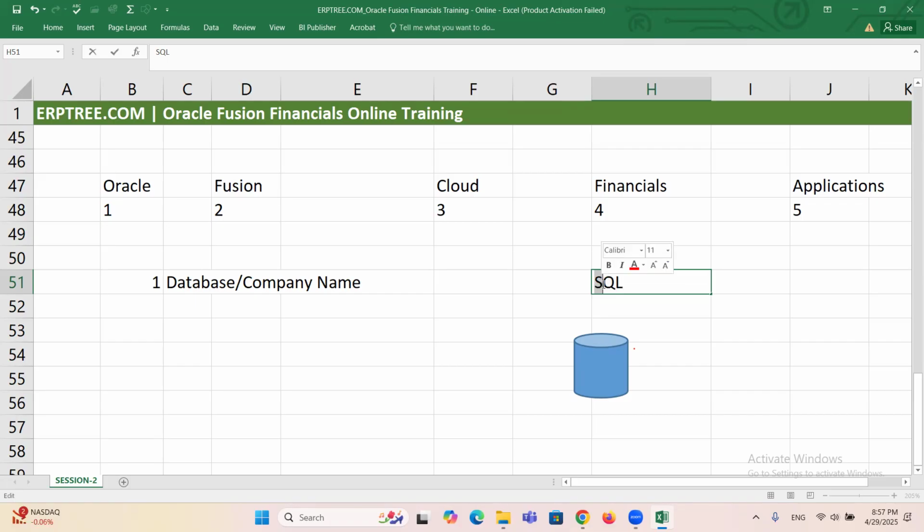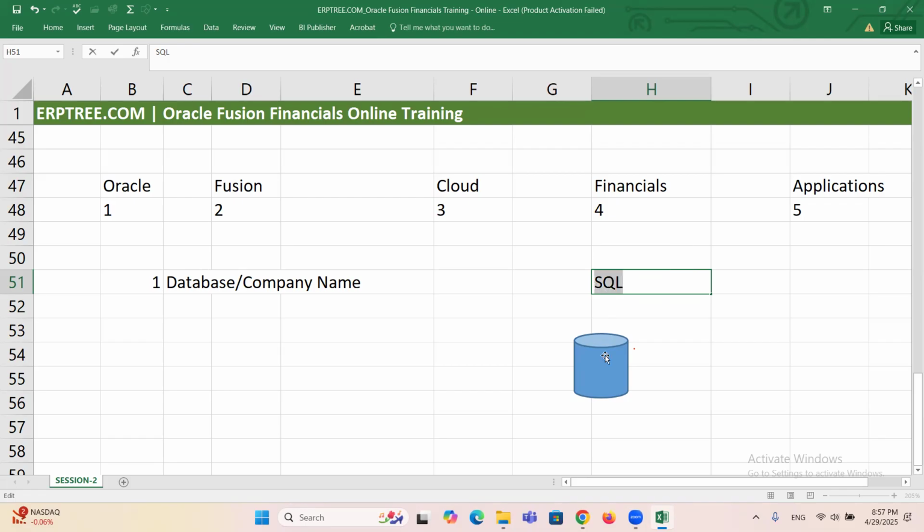S stands for structured, Q stands for query, L stands for language. By following a certain structure, you can query and call the data from the database.